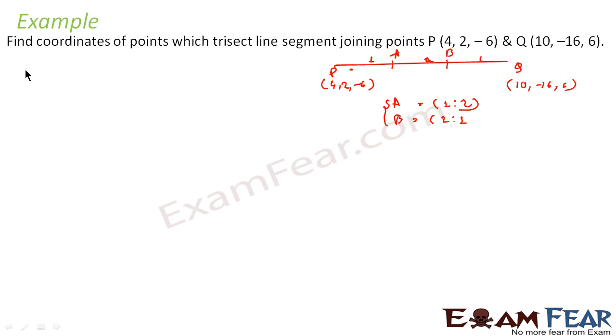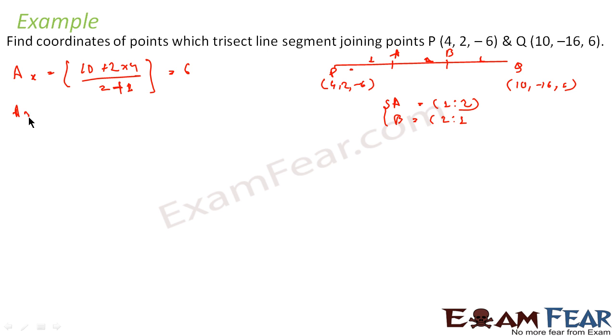So we can say that AX is nothing but (10 into 1 plus 2 into 4) by (2 plus 1), correct? And that comes out to be 18 by 3, that is 6.